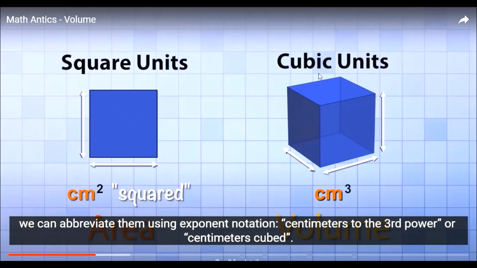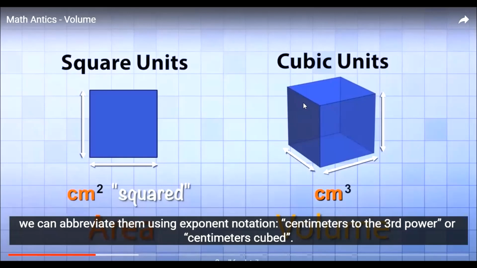In this shape over here, we're actually saying how many cubes are in this solid here? How many cubes are here? And that's what we're interested in. And then the answer is our volume. So what we're saying, how many cubic centimeters are in here, right?